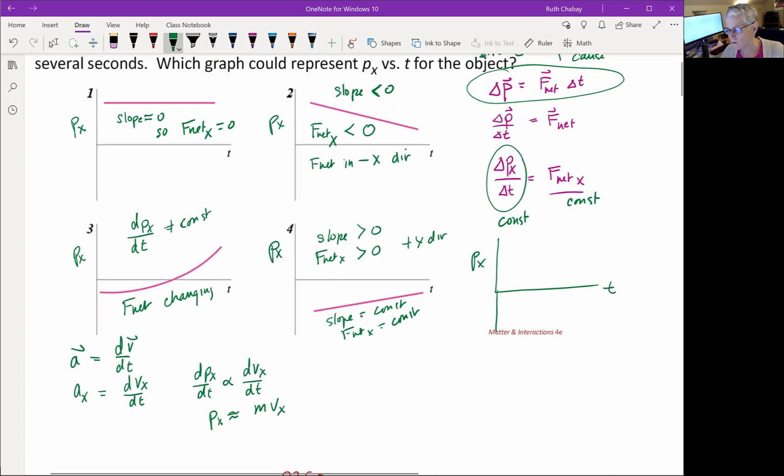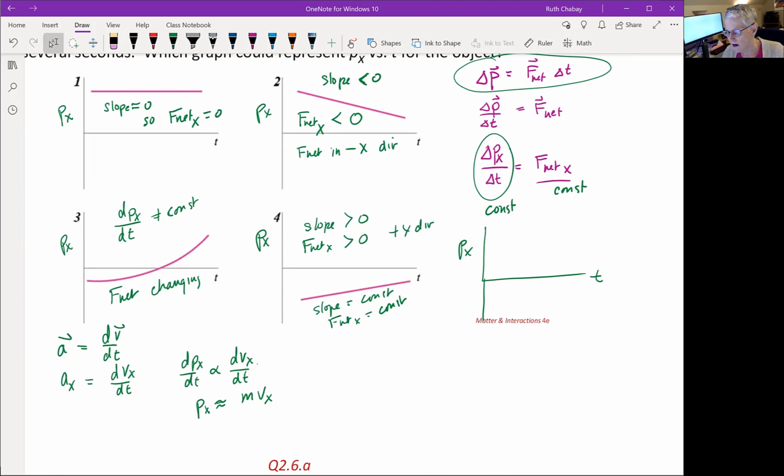Okay, so what does it mean for the value of px to be negative here in graph 4? Why is px negative here? What does that tell us? Let's think about a situation here. What would a situation be if px was negative? It would mean the momentum would look something like this, -3. Let's keep it simple.